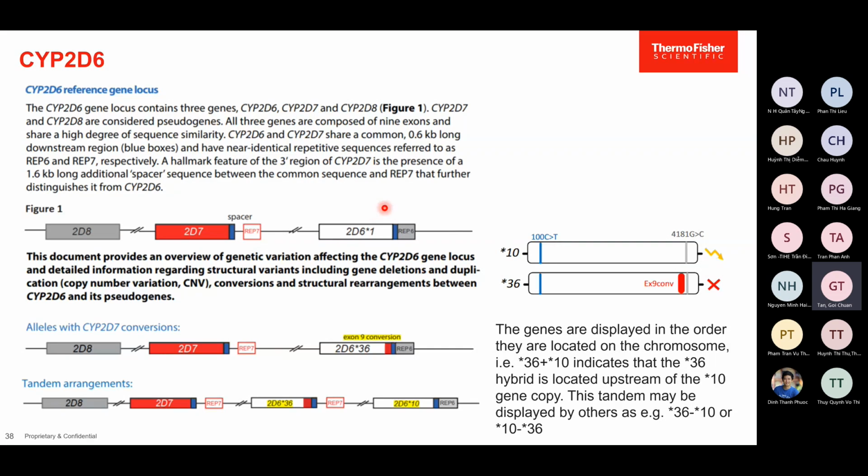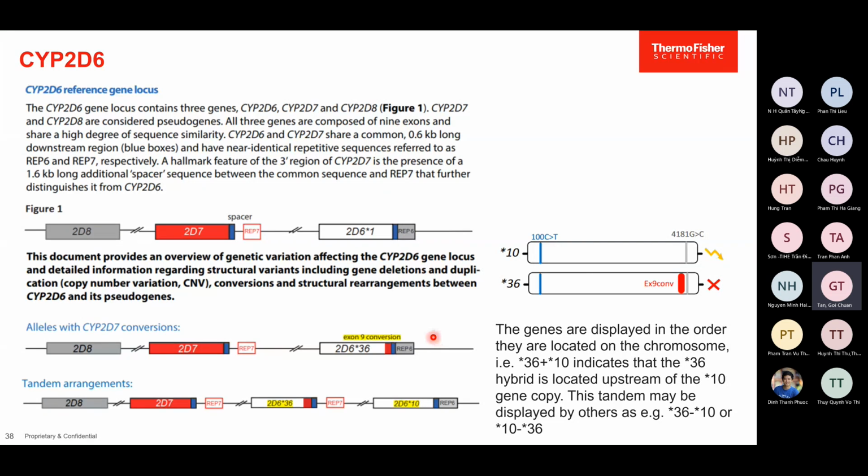And then they also have these near identical repetitive sequences referred to as Rep6 and Rep7. Rep6 in CYP2D6, Rep7 in CYP2D7. And also for CYP2D7, the pseudogene, there's also a presence of a 1.6 kb spacer. So this is the structure of CYP2D6, CYP2D7, and CYP2D8.